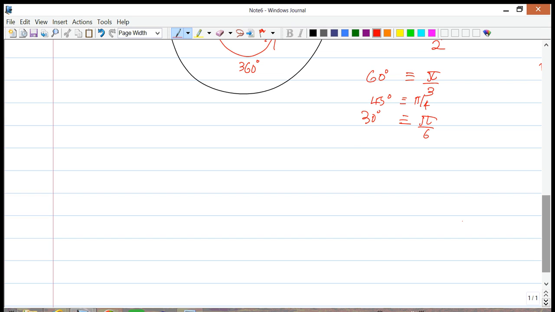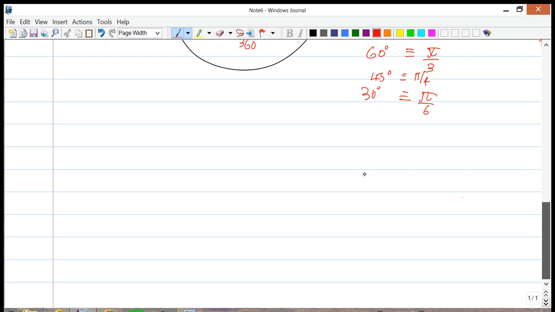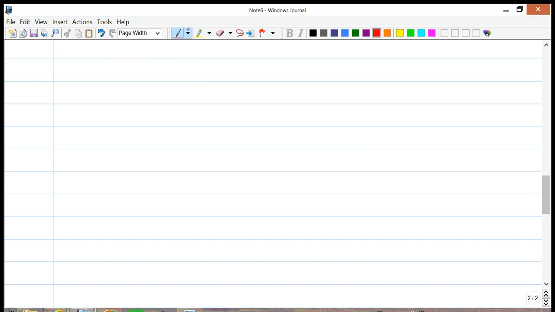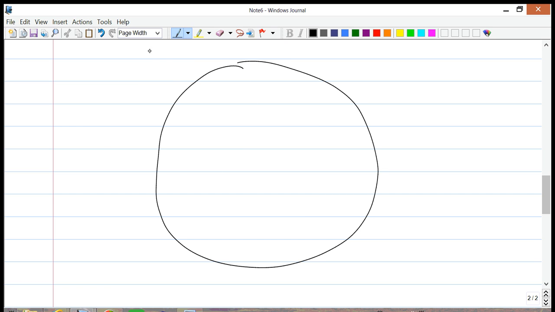So this just gives us conversion, how to go from radians into degrees, and degrees into radians. Now we can also look at some other very basic stuff, which is the unit circle, along with trying to figure out the sines and cosines for some of the basic angles.